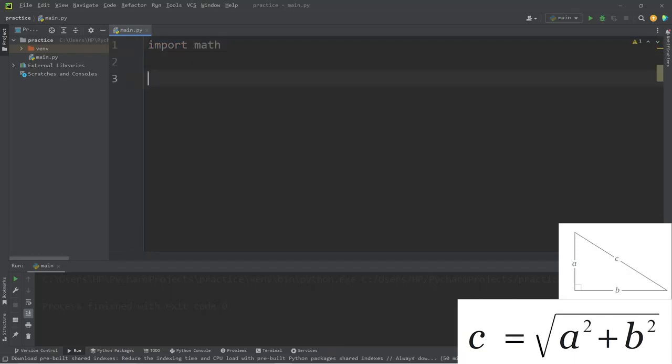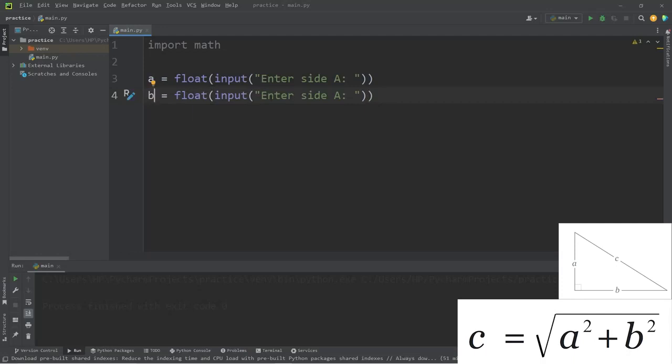We'll ask the user for the lengths of side A and B. A equals input, enter side A. We'll cast the input as a floating point number. We'll do the same thing with side B. B equals input, enter side B.